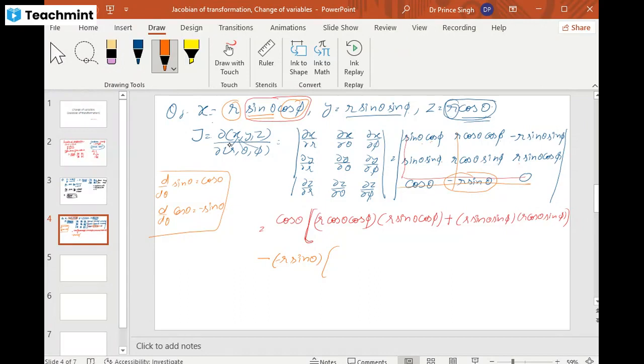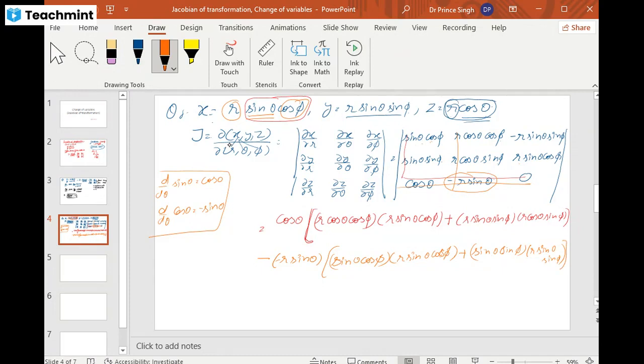Sorry, this into this: sin theta cos phi into r sin theta cos phi. And again, this minus and minus become plus: sin theta sin phi into r sin theta sin phi.